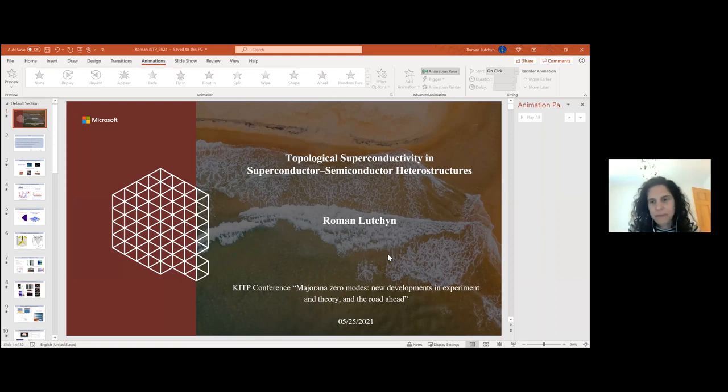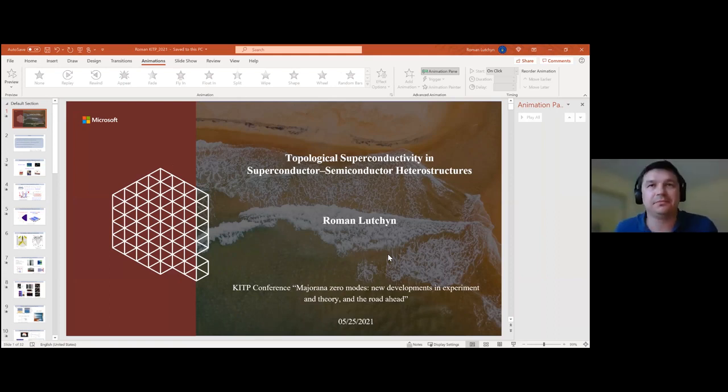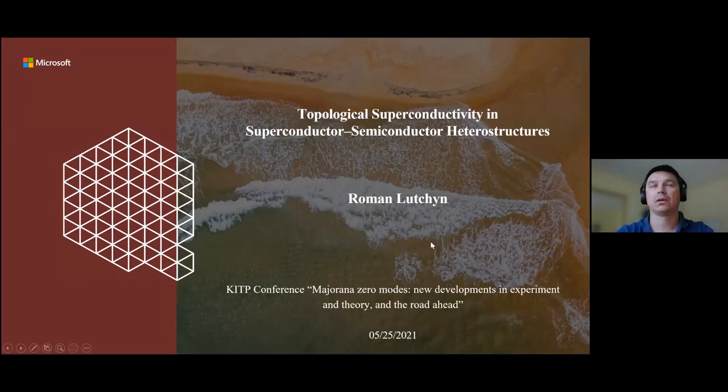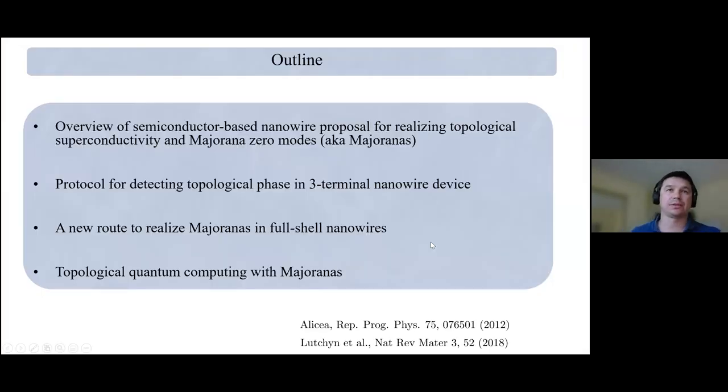Thanks, organizers, for inviting me to give this talk. Okay, so this is the agenda for my talk. I want to cover several topics today. In particular, there was a lot of discussion about Majorana zero modes and how we can identify them in condensed matter systems.